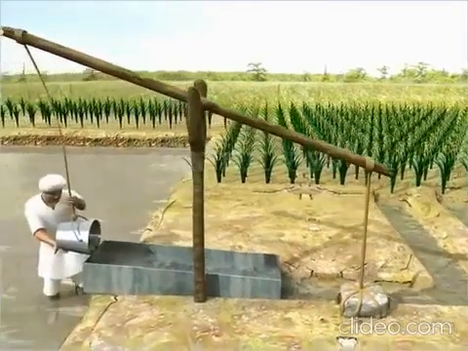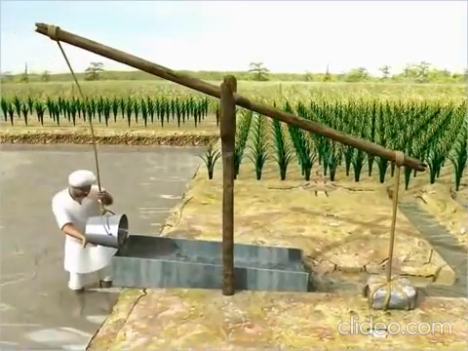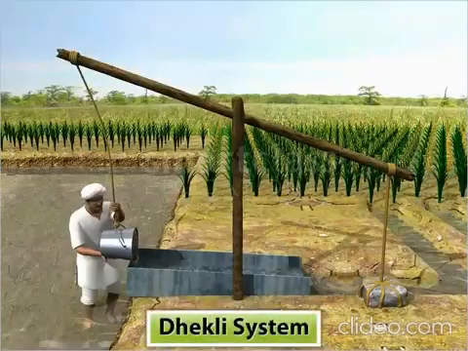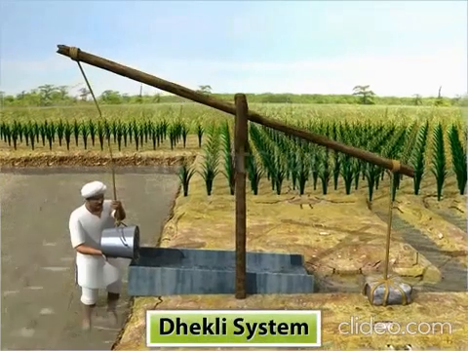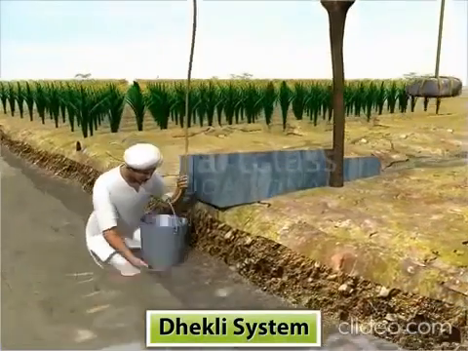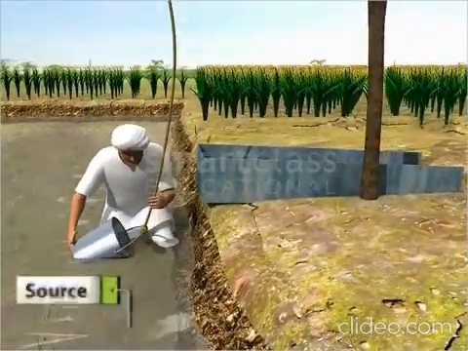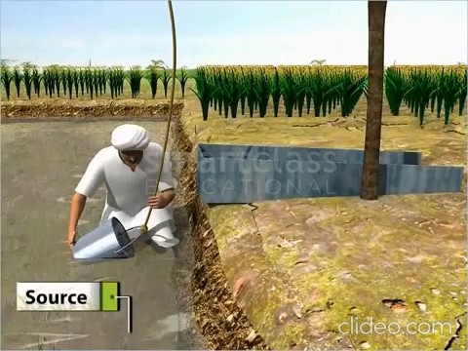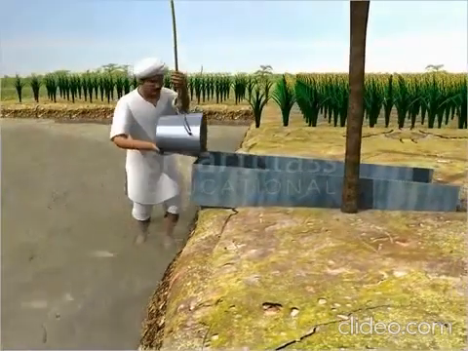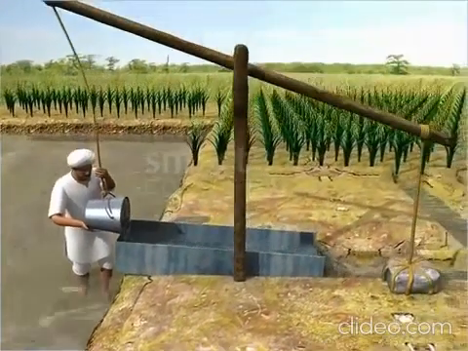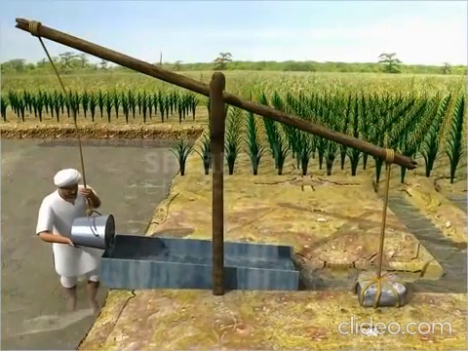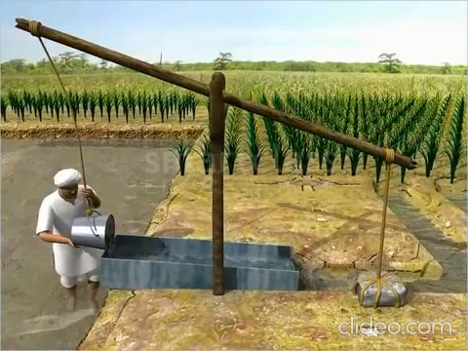A bucket is tied to the other end of the log. During irrigation, the rope tied to the bucket is pulled down so that the bucket goes into the water source and fills up with water. The bucket is again drawn up by pulling up the rope. The water is then collected manually and poured into the channels.